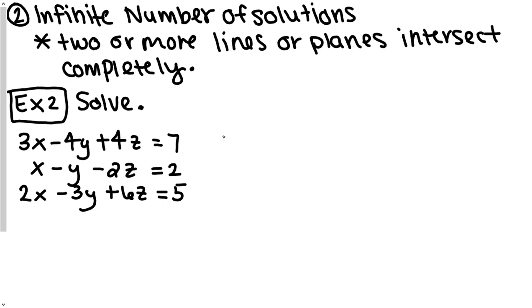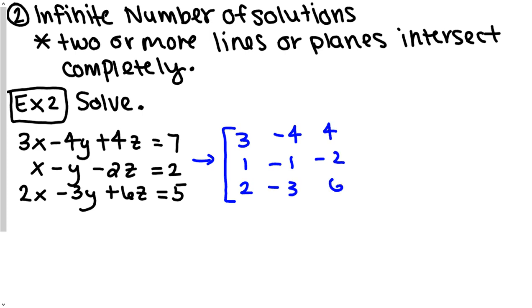The first step always, go ahead and create your augmented matrix. So let's list those coefficients for x: 3, 1, 2, negative 4, negative 1, negative 3, 4, negative 2, positive 6. Separate our constants and we get 7, 2, 5.